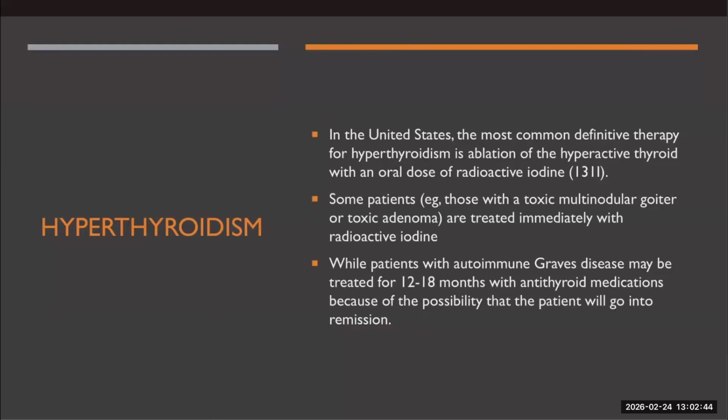In the United States, the most common definitive therapy for hyperthyroidism is ablation of the thyroid with an oral dose of radioactive iodine. Some patients, if they have a toxic multinodular goiter or toxic adenoma, get that radioactive iodine immediately. You gotta stop that growth from happening.